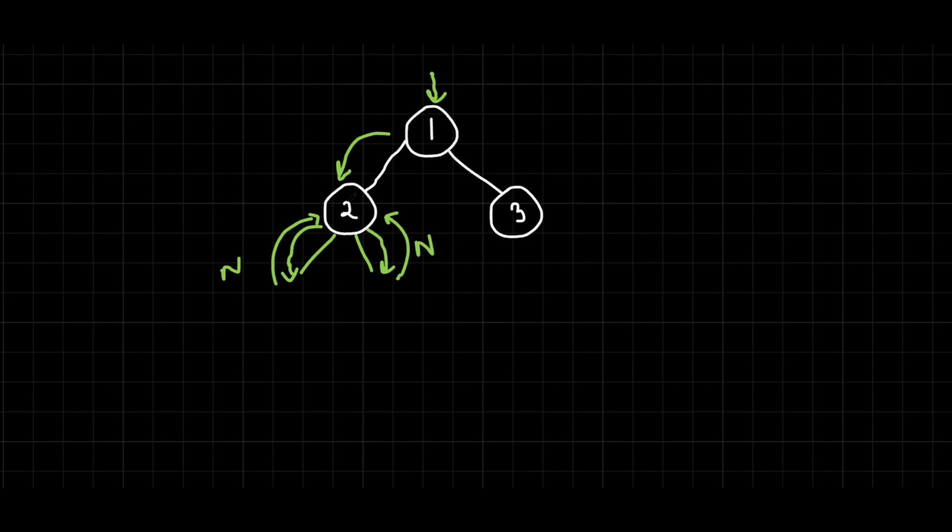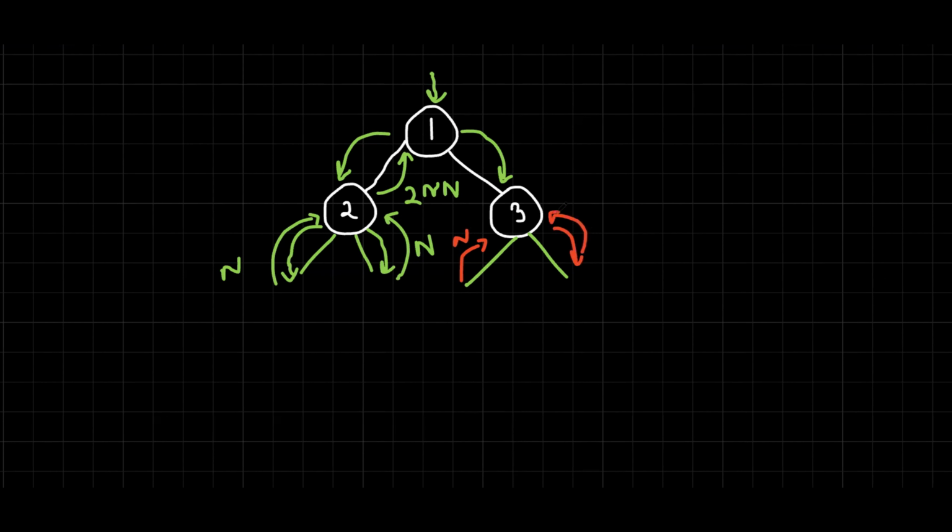So now we are at this node 2. So 2 will return its value, which is 2, and its left child's value n and its right child's value n. Similarly, the call will go to the node 3. It does not have any left or right children. So its left child will return the value n and the call will go to the right child.